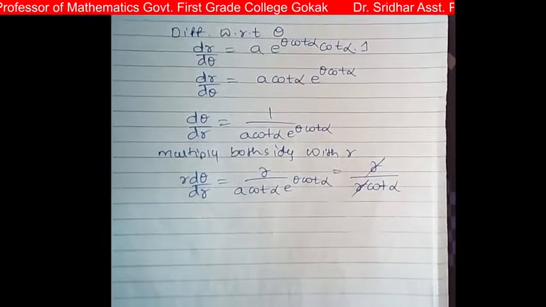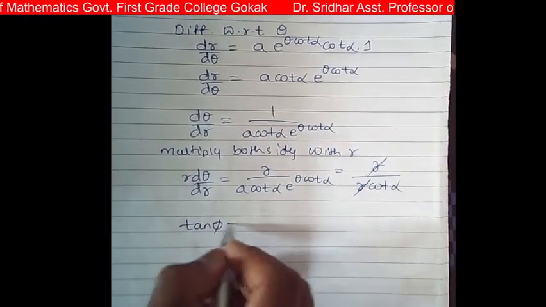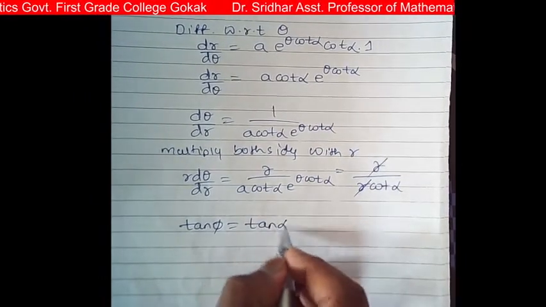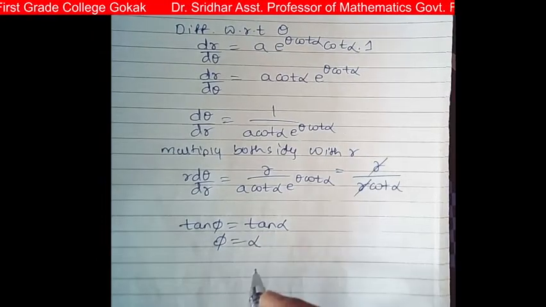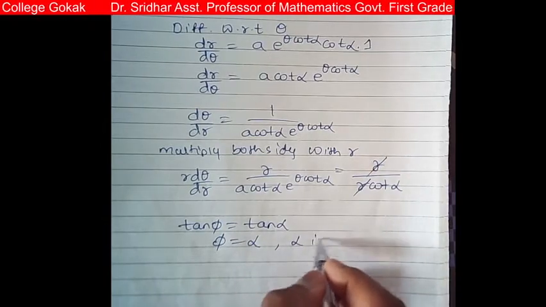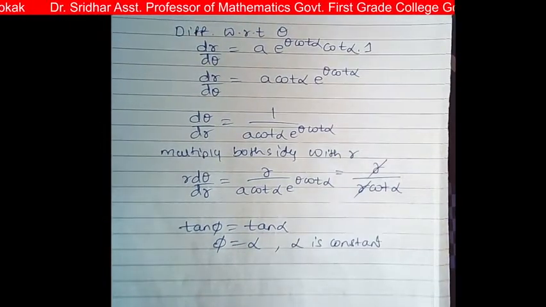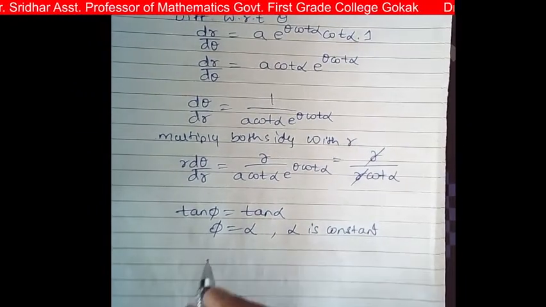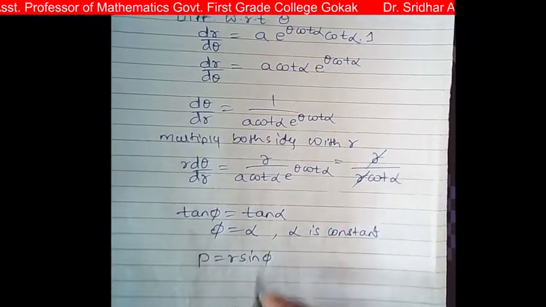Now this is nothing but tan phi, and this is 1 by cot alpha, which is tan alpha, so the tan gets cancelled and phi is equal to alpha, where alpha is constant. Now we know that p is equal to r sin phi.